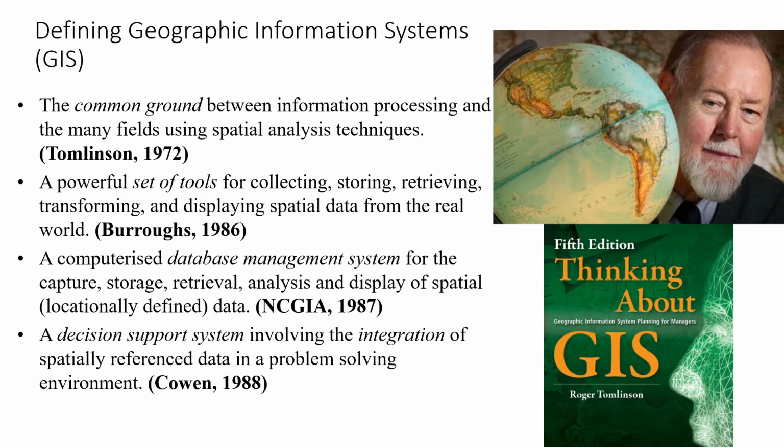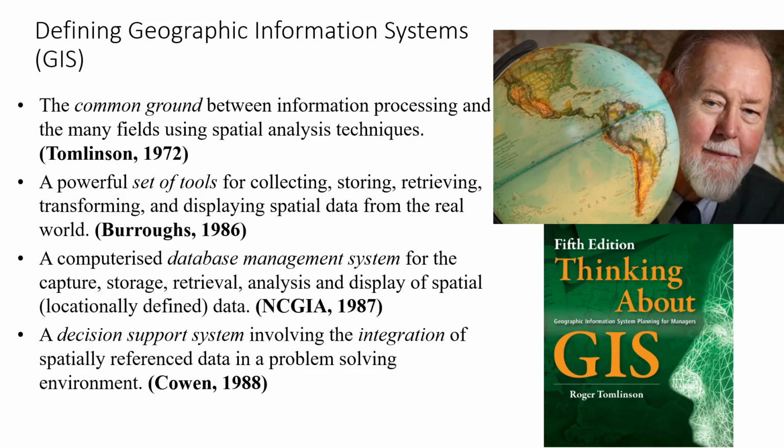So Roger Tomlinson defined GIS as a common ground between information processing and the many fields using spatial analysis techniques. Here in the slide you can see other definitions. A powerful set of tools for collecting, storing, retrieving, transforming and displaying spatial data from the real world.